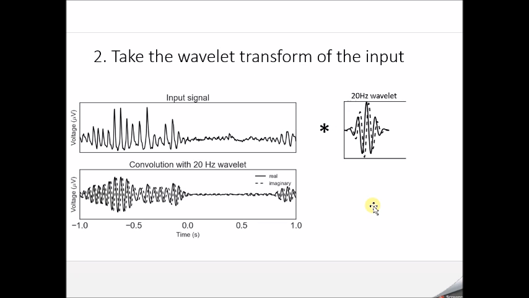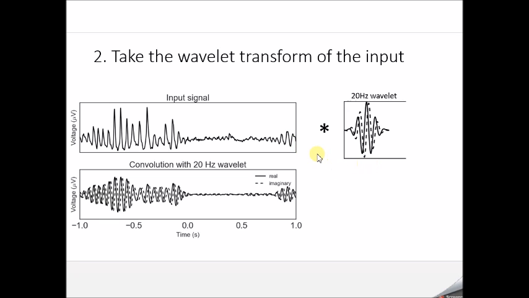When we have these wavelets calculated, which most programs such as MATLAB and Python will just have a function for you to generate, you will then do what's called a continuous wavelet transform, which there will also be a function to do, between your input signal and a wavelet at each frequency.